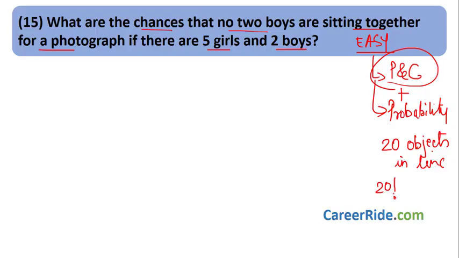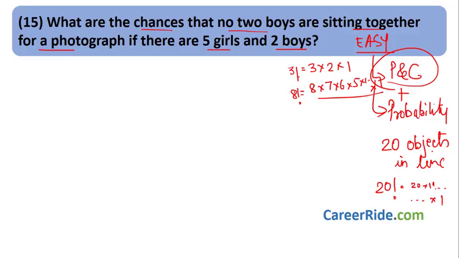What is a factorial? 3 factorial is nothing but 3 into 3 minus 1 is 2 into 1. 8 factorial is nothing but 8 into 7 into 6 into 5 into 4 into 3 into 2 into 1. Same way 20 factorial will be 20 into 19 into 18 and so on, till 1.